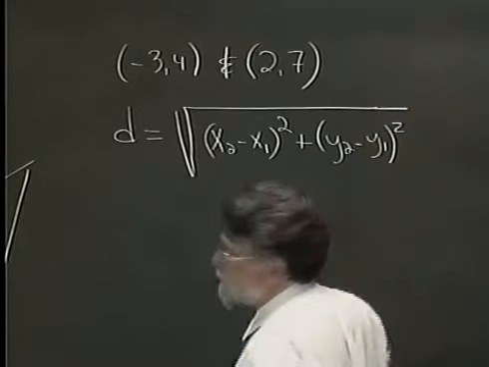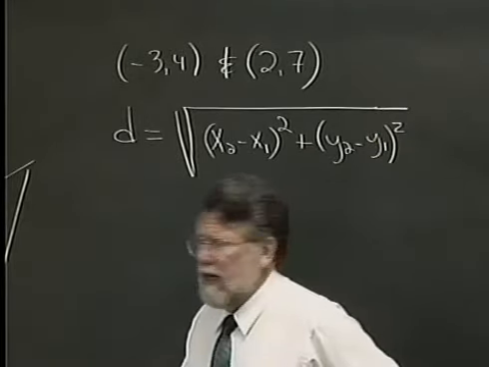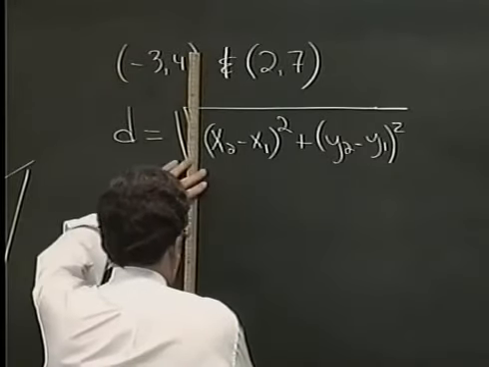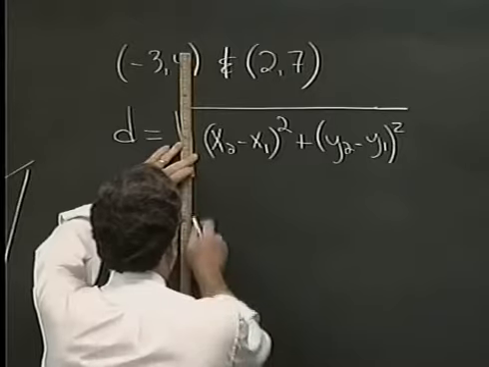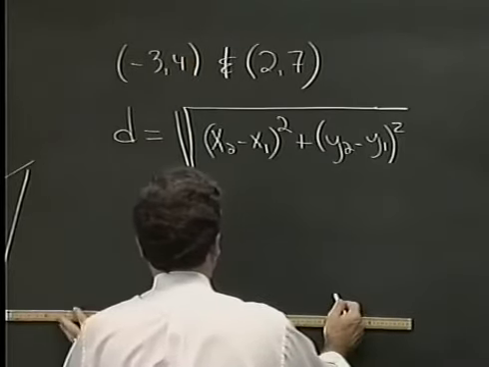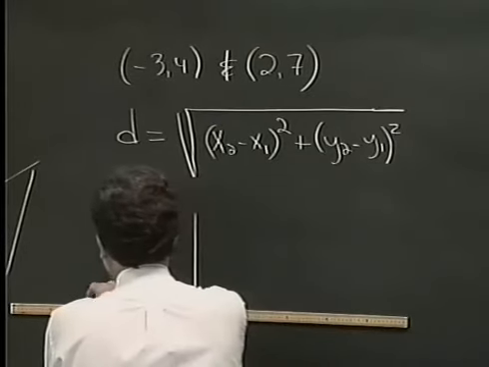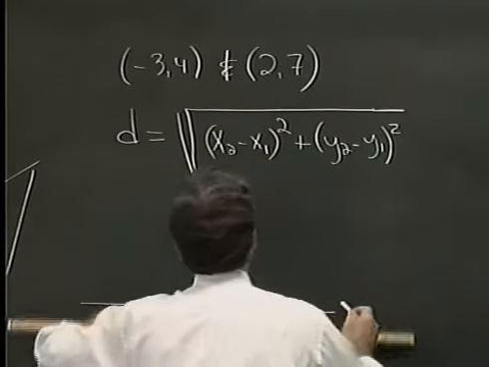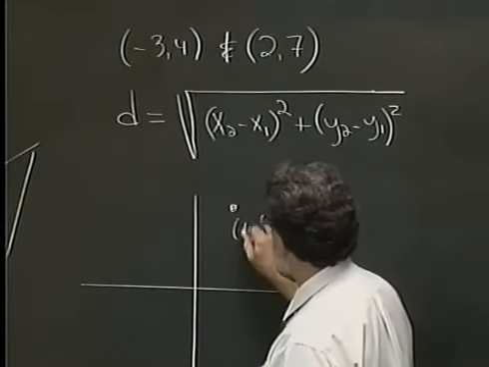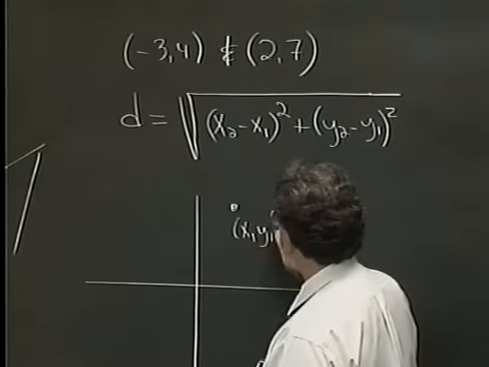This is your formula. Now, it's based on the Pythagorean theorem. So let me draw the diagram again that's involved here. Now, I'm going to have 2 points. That's x1, y1.